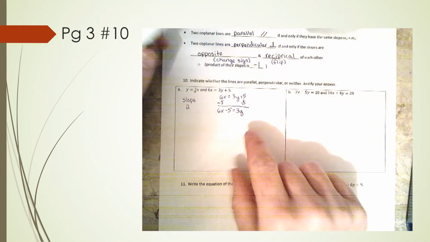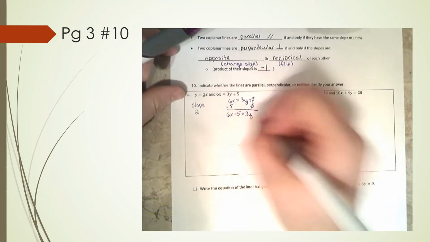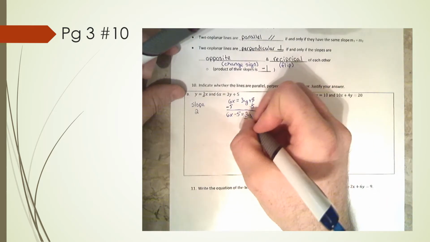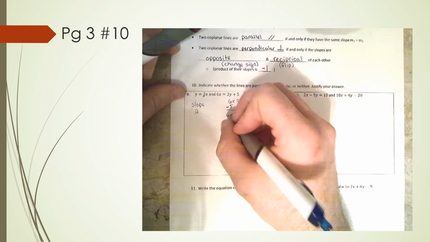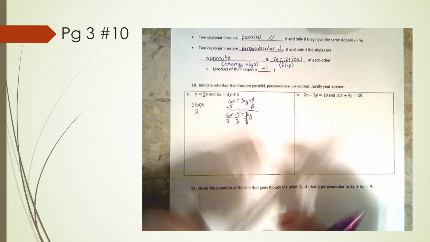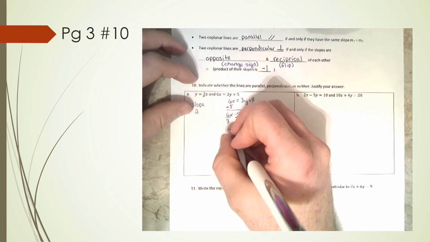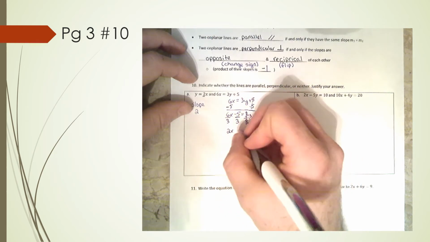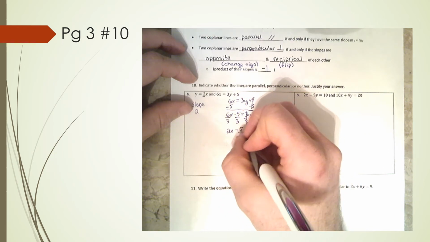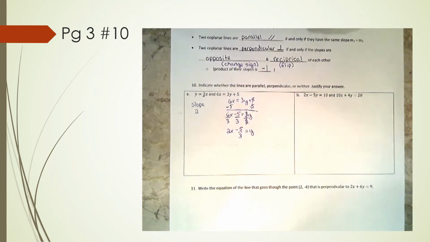Now for slope-intercept form, I need to get y by itself. So I am going to now divide 3 to everything so that it cancels out right here. So 6x divided by 3 is 2x minus 5 over 3, because that doesn't go in perfectly, equals y.